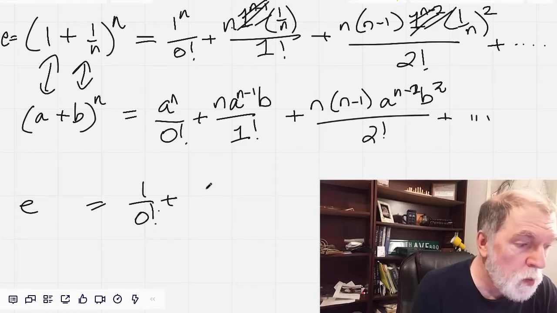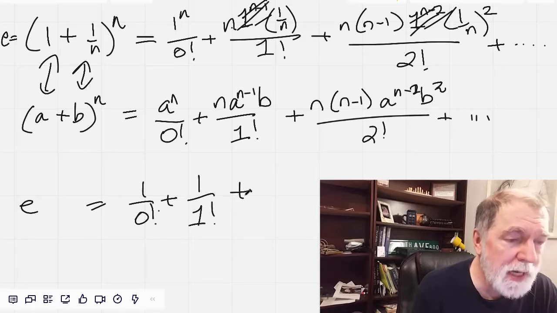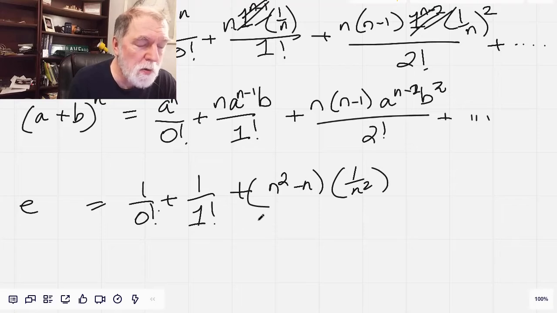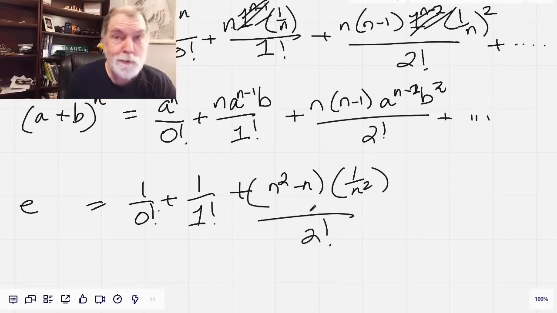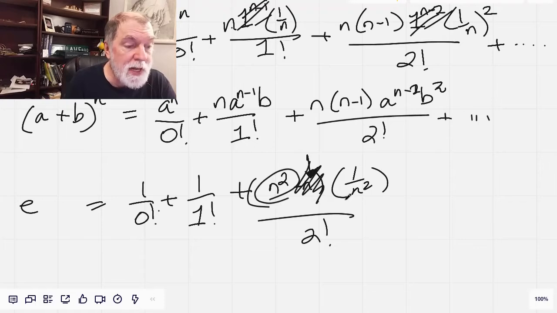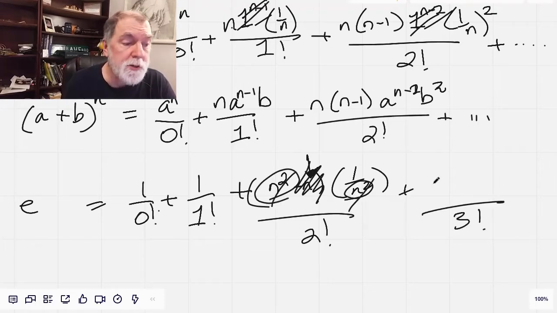Well, that's just 1 over 1 factorial plus, here we've got n squared minus n times 1 over n squared all over 2 factorial. When n is very large, this n will become insignificant, which means these two again will cancel out. And the same goes for the next term.